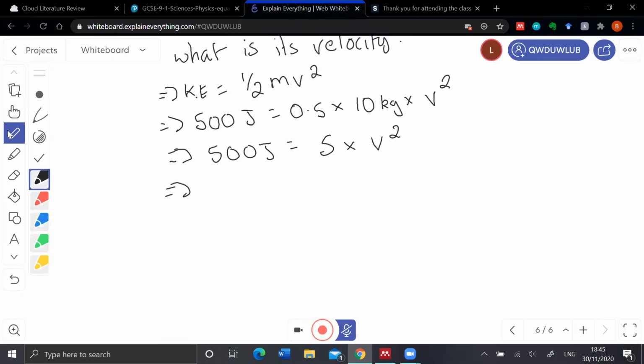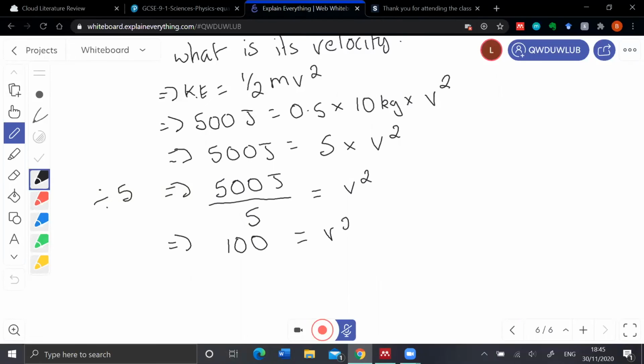We're going to divide both sides by 5. 500 divided by 5 is going to be 100. So 100 equals v squared. Then we take the square root of both sides.